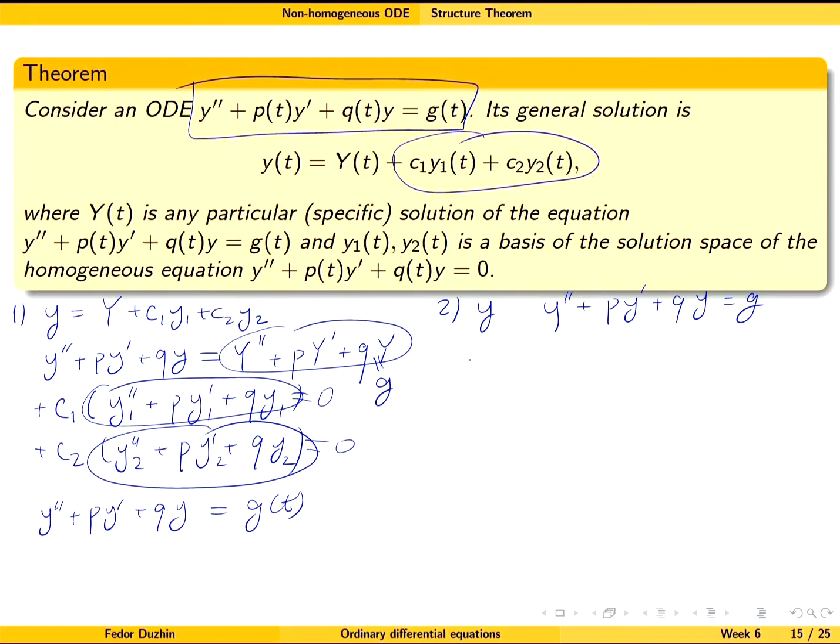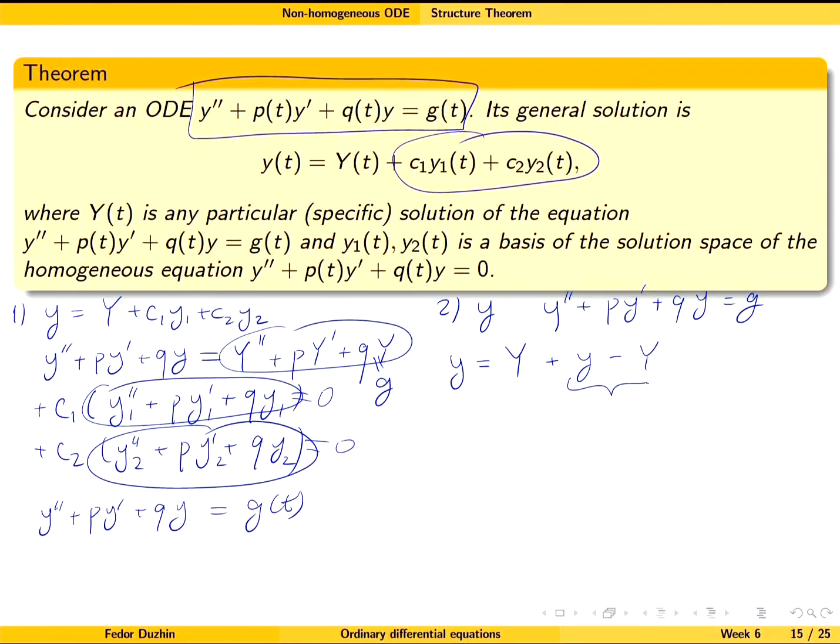Okay, so let's just write. y equals, since we're supposed to have y capital, we'll just write it. In order for this to be a correct equality, we just need to complete it. So it's plus y minus y capital. So this is our particular solution. What we need is to verify that this part is a solution of the homogeneous equation. Is it true or not?